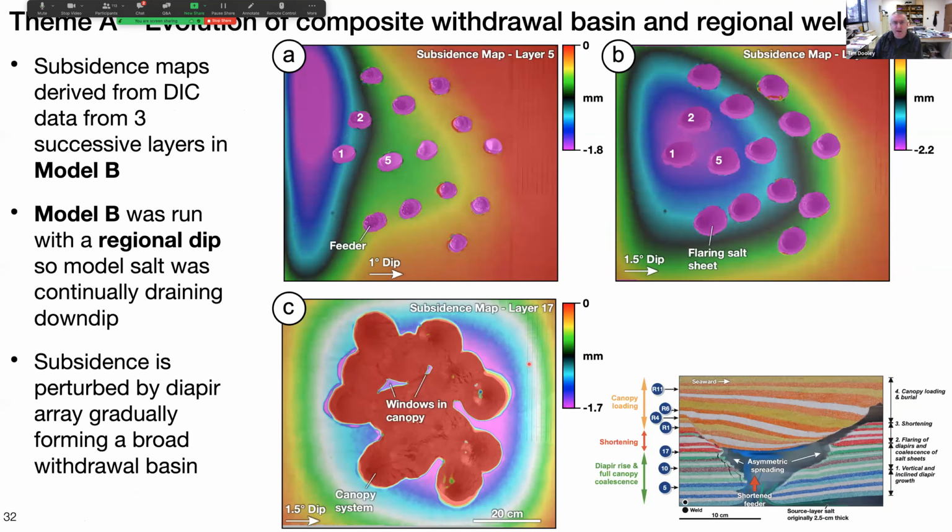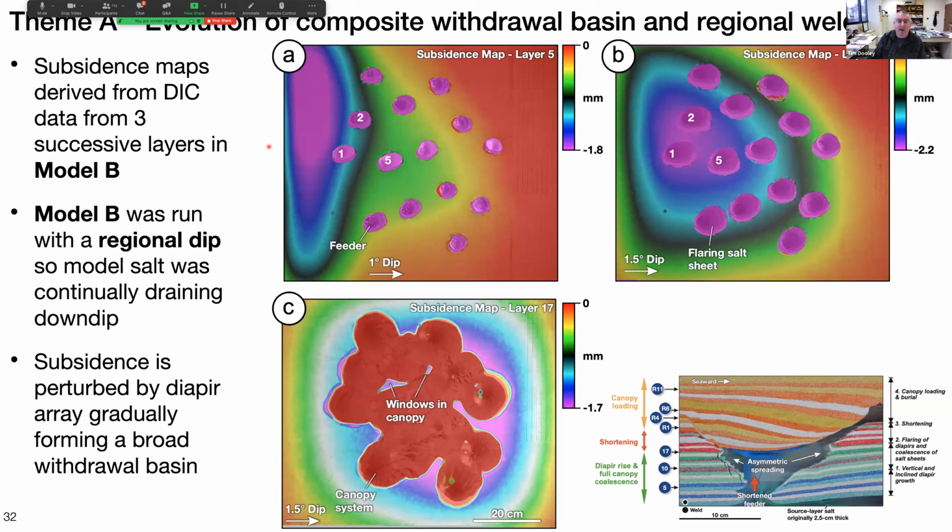Okay. Now looking at model B here, we can see that our early stage subsidence here isn't the same as we saw in A, and that's because it was always up on a slope here.